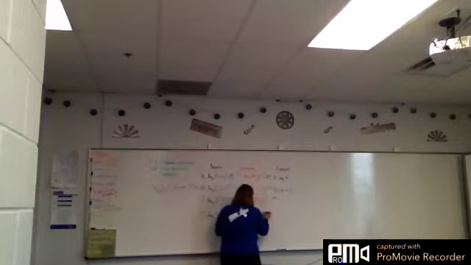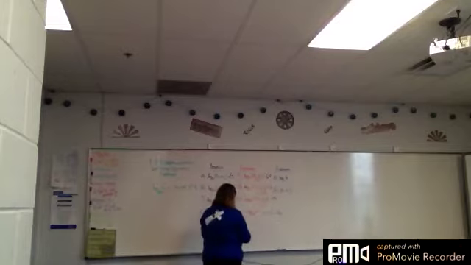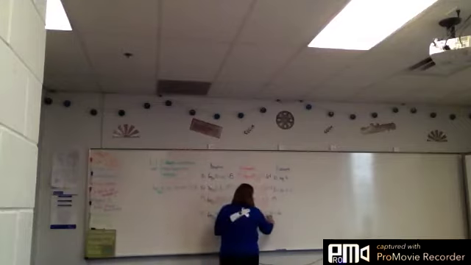Okay, you have to work it backwards again. Right here, what's my base? 36. 36 to the x equals 6. Think about this: what is this number compared to this number?